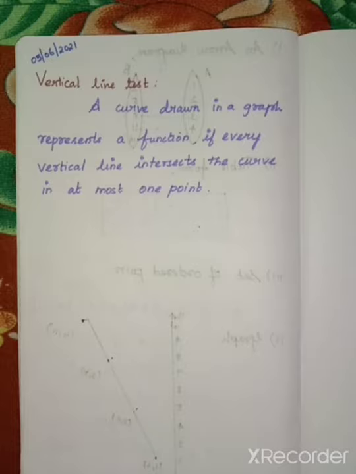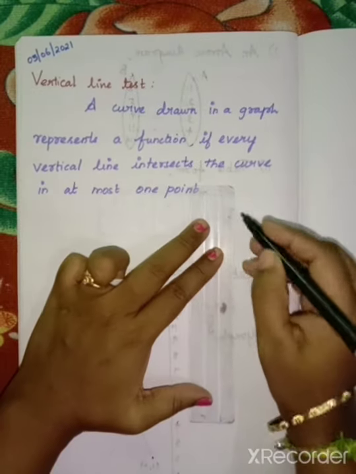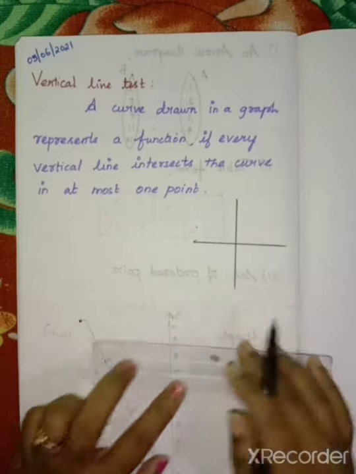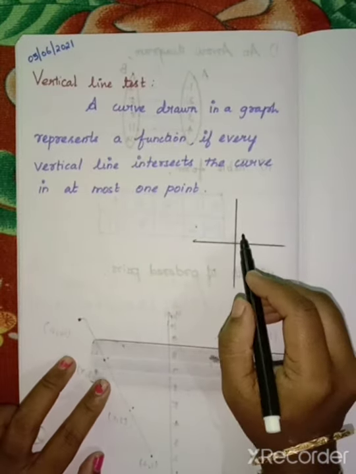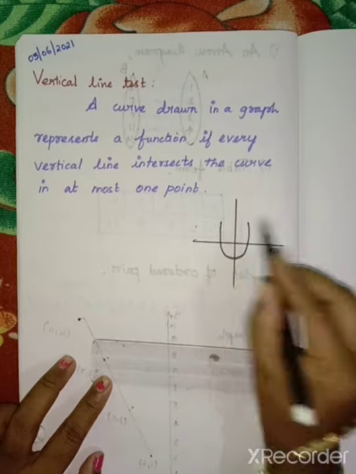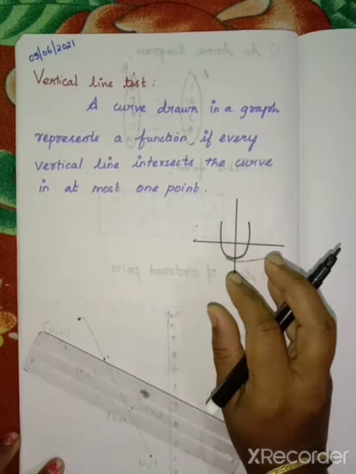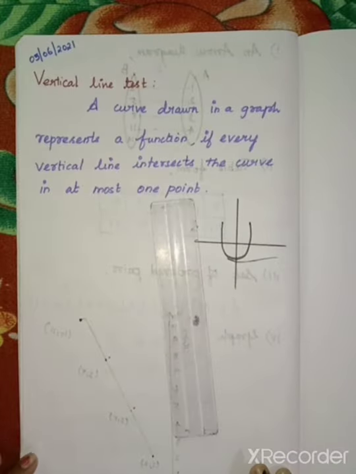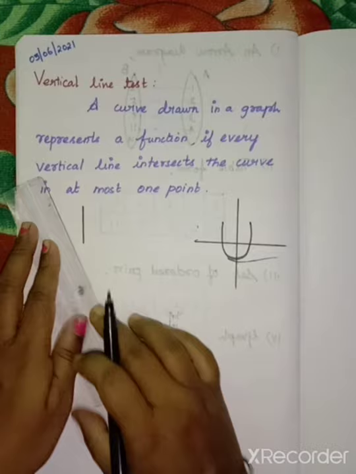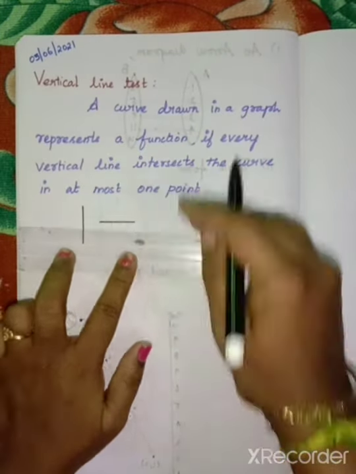See one graph. Simply I have drawn it. In this xy plane, I have drawn one curve, a parabola. If I draw the parabola, here we have to represent the vertical line. Vertical line means this is the vertical line, and this one is the horizontal line.